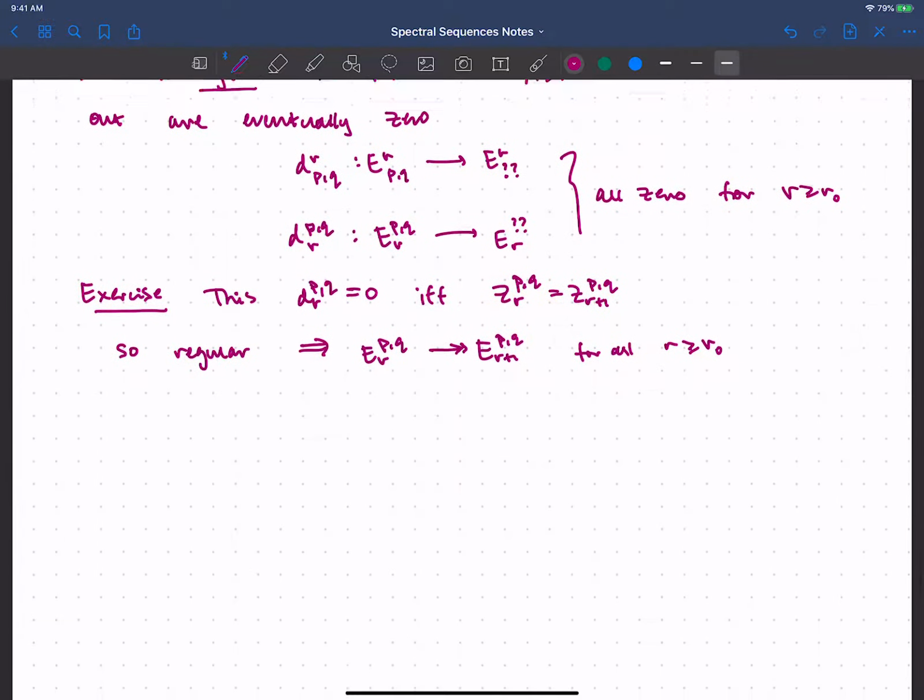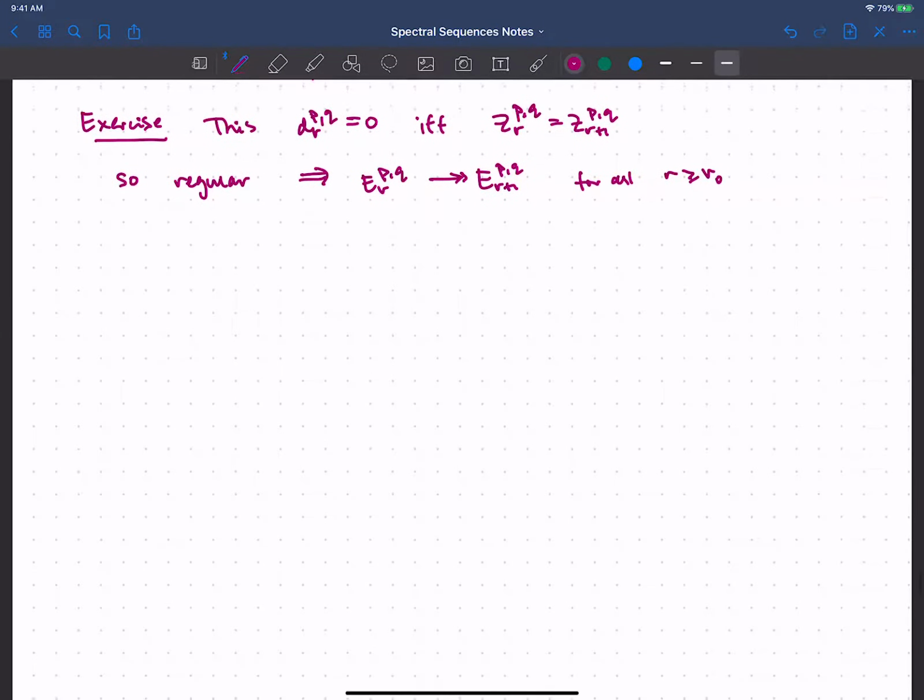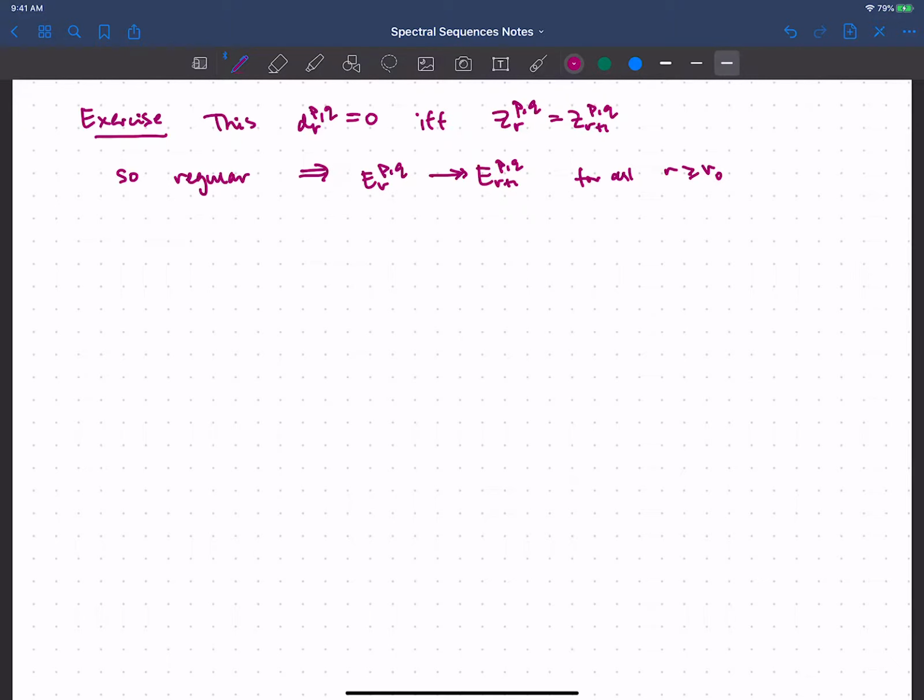And maybe let me remind you of some of that notation we had when we were talking about the infinite cocycles and infinite coboundaries and whatnot. So let's remember that we had done this for our specific case, I think, but you could define this for any spectral sequence.